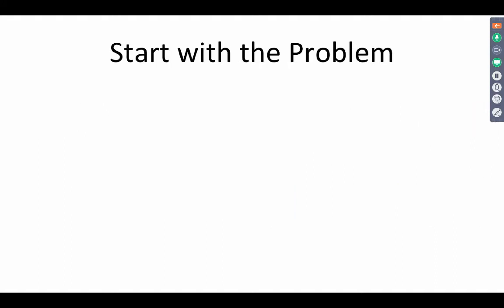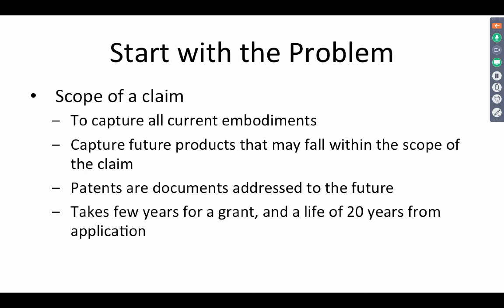Now, when you start with a problem, you get a chance to determine the scope of your claim. You can capture all the current embodiments by looking at the problem. You could also capture the future products that may fall within the scope of the claim.